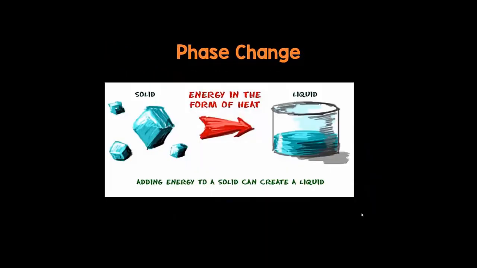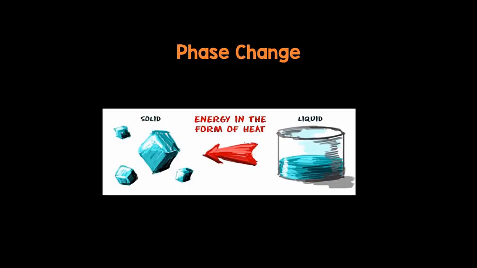So if a solid substance receives enough heat energy, so here we've got heat energy being added, then those molecules are going to start moving faster. And if they get moving fast enough, then that solid can change into a liquid. If a liquid loses enough heat energy, so it's losing heat energy, getting cooler, then its molecules are going to slow down, and if they slow down enough, then that liquid can change into a solid.